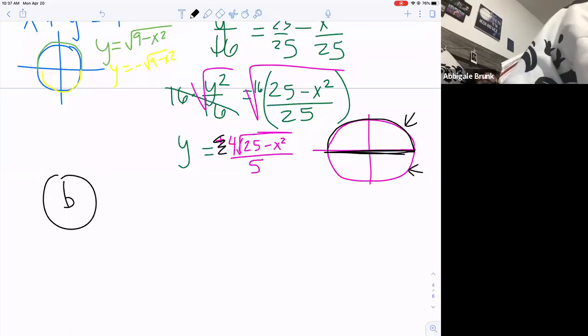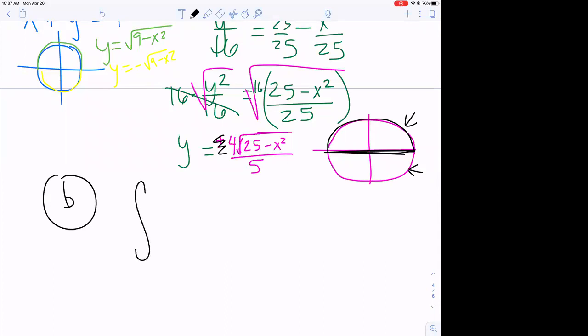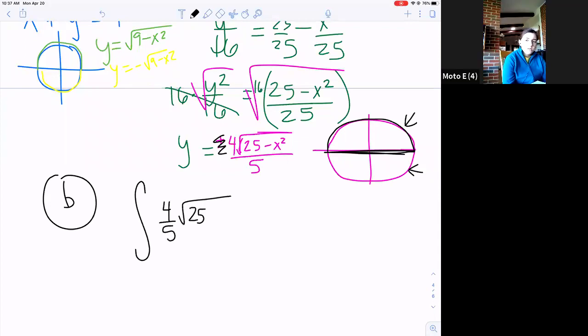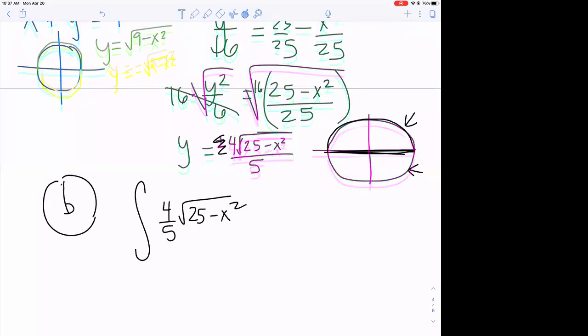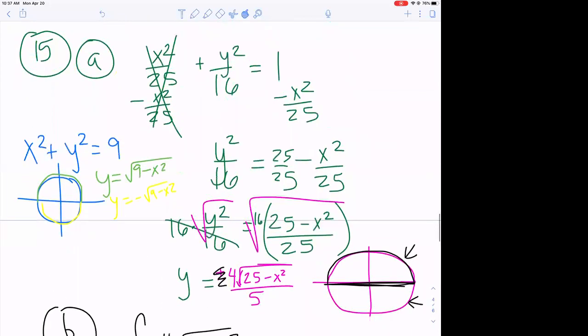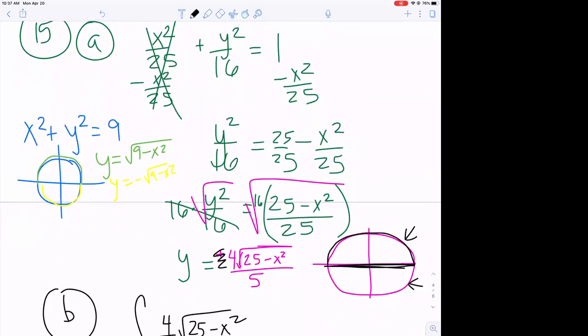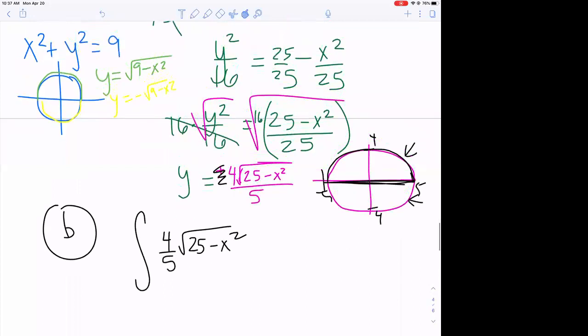Yeah. Okay. Now the main thing is, what are the bounds? -5 to 5, I think. Yeah, perfect. So basically you just needed to know from an ellipse that this would be from -5 to 5, and then 4 and -4. You square root those bottom numbers on the original equation.